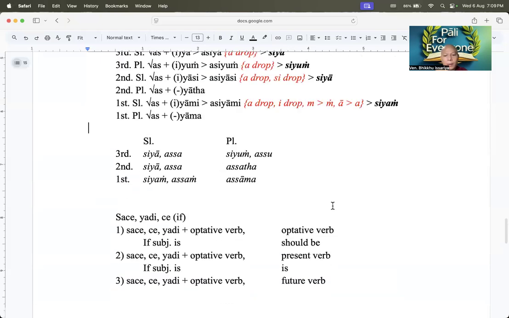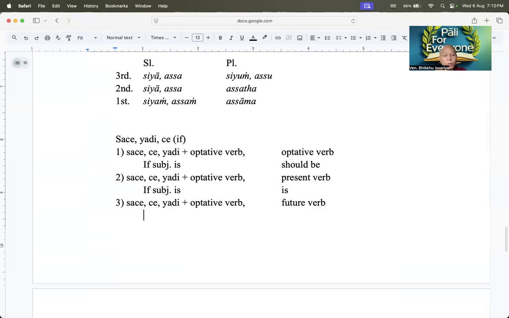And then that line also, "if", subject, "is", and here future, so simply the meaning can be understood. So that is the usage of saji, ji, or yeti with this optative verb, commonly followed by the optative verb in Pāḷi.